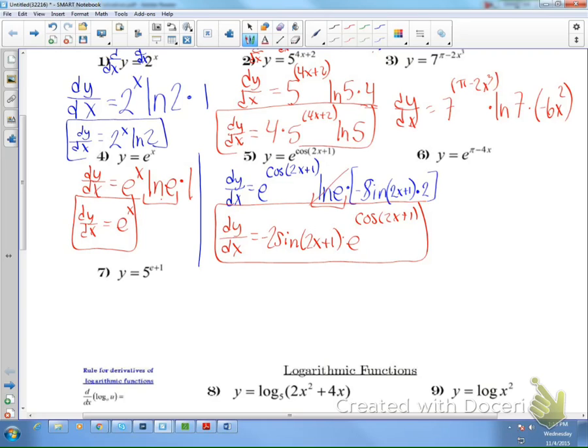Any questions about the chain rule? Because that was the new one that we did last time. Okay, one more. Actually, 2 more. 6 and 7.